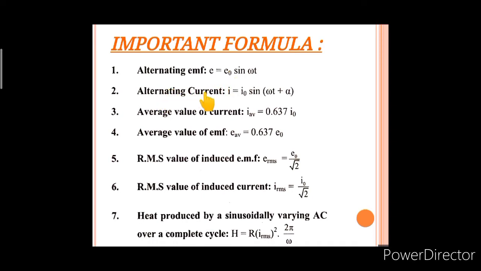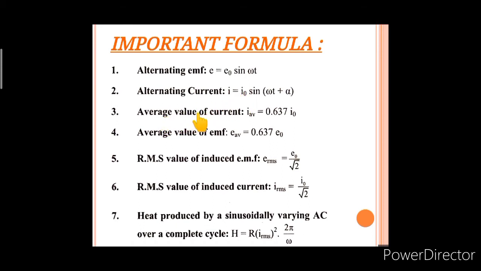Then alternating current I is given as I0 sine omega t plus alpha, where alpha represents the phase difference between the current I and the EMF, and I0 is the peak value of the current.